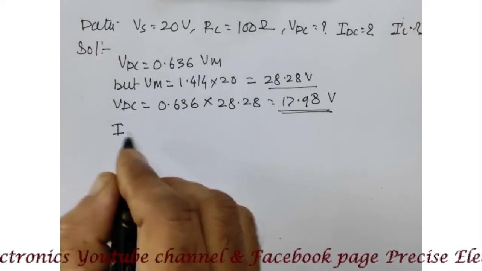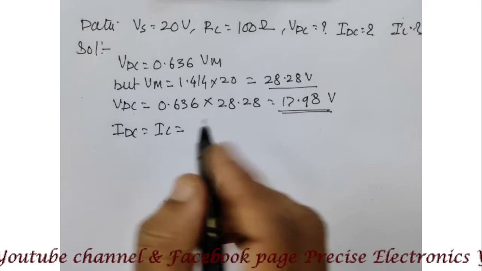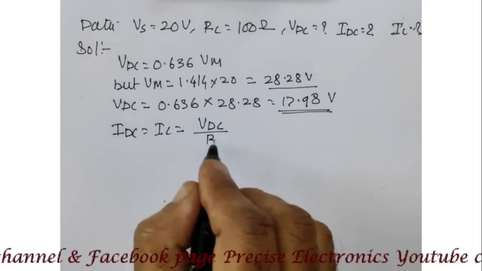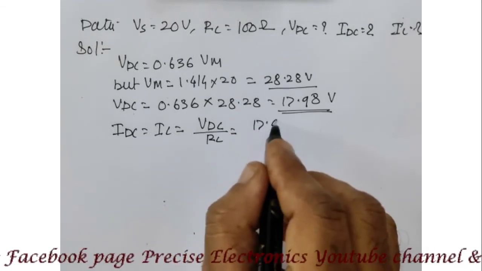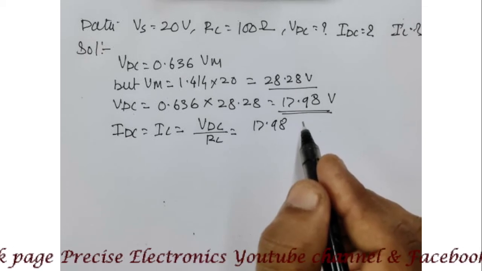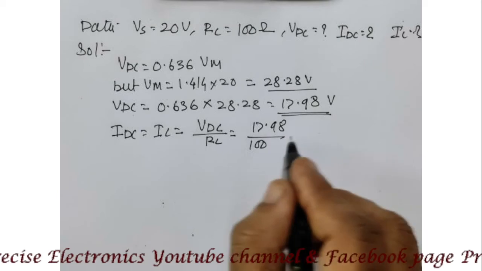Next, we have to find out IDC. So IDC is equal to IL. It is given by, once again, Ohm's law. VDC upon RL. What is VDC? 17.98 divided by 100.